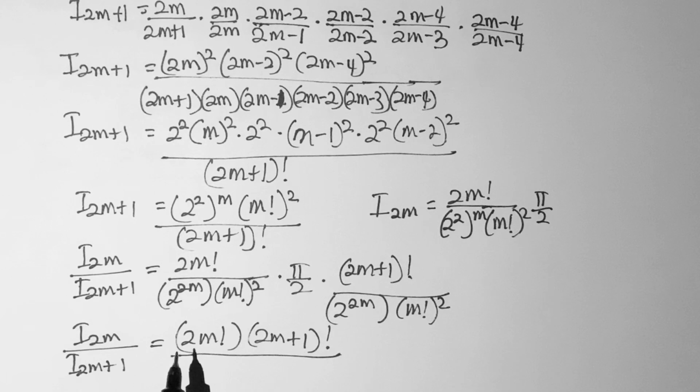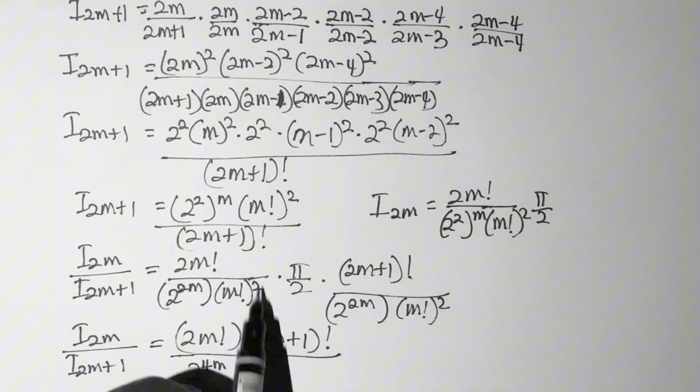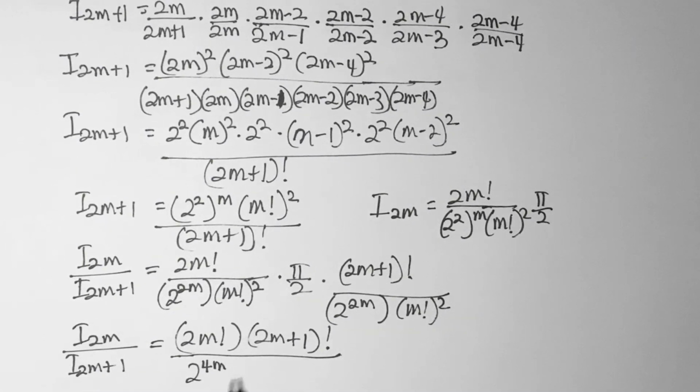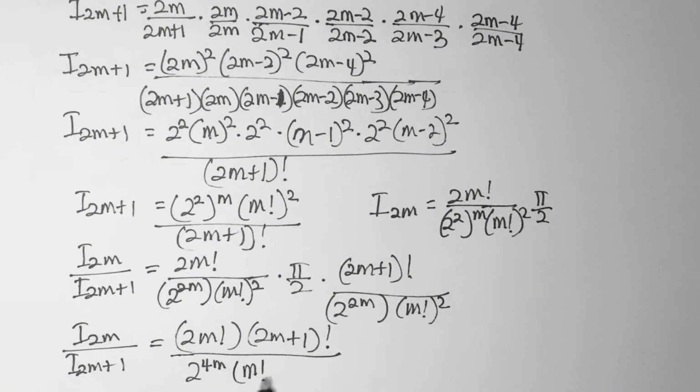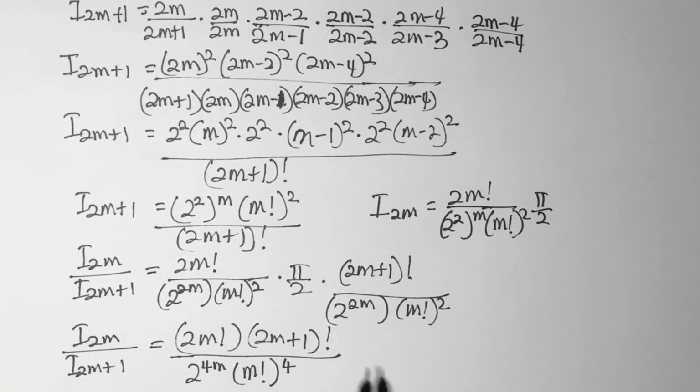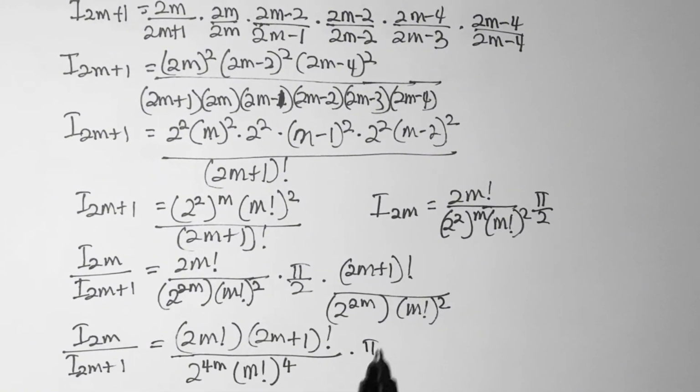So that becomes 2 exponent 4m. Then here's m factorial times m factorial. So we get m factorial exponent 4. Then times pi over 2.